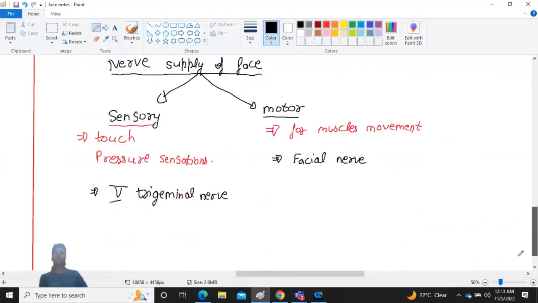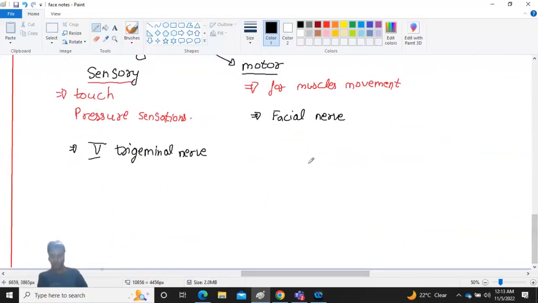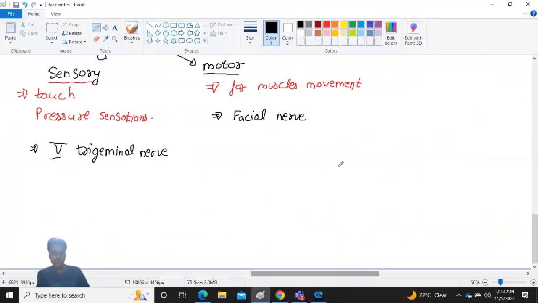There are 5. So first we draw the motor supply. Let's say this is the parotid gland. Then the facial nerve comes and goes inside the parotid gland. Then it forms the 5 branches. This is the facial nerve, the 7th nerve.